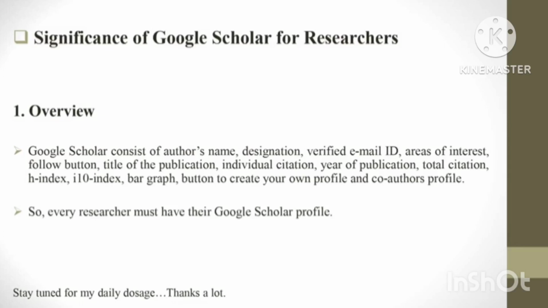Now Google Scholar consists of the author's name, designation, verified email ID, area of interest, follow button, title of the publication, individual citation, year of publication, total citation, H index, I10 index, bar graph, button to create your own profile, and co-author's profile.